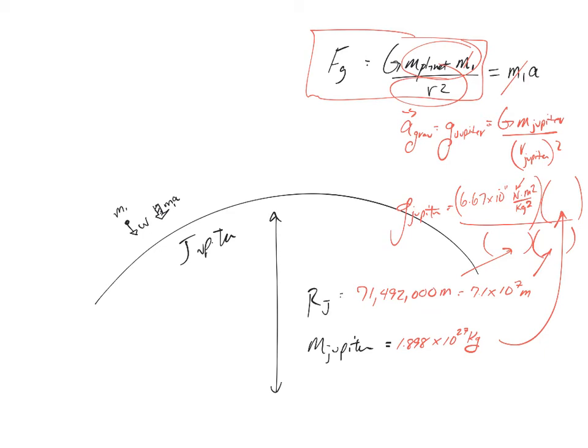So I would rearrange it. g of Jupiter equals 6.67 times 10 to the negative 11 times 1.898 times 10 to the 27.